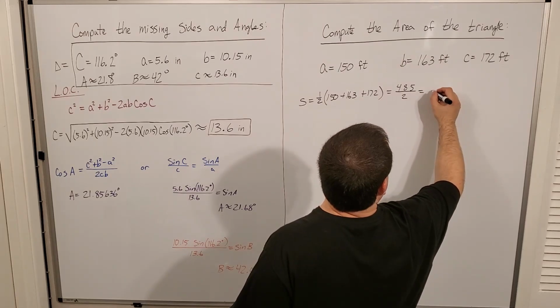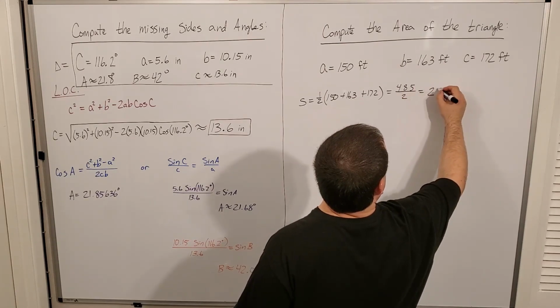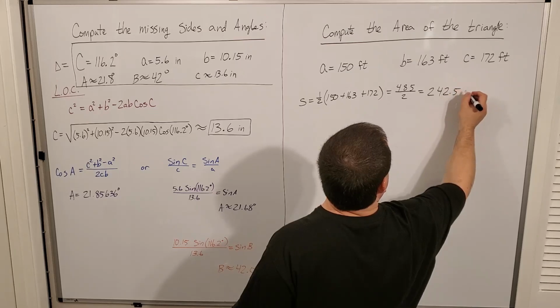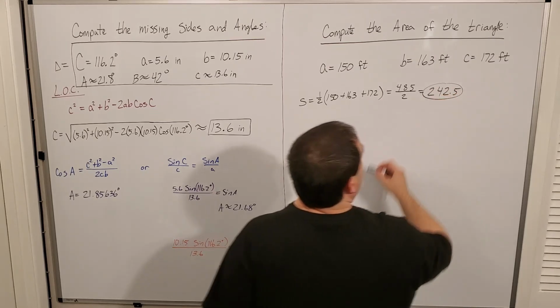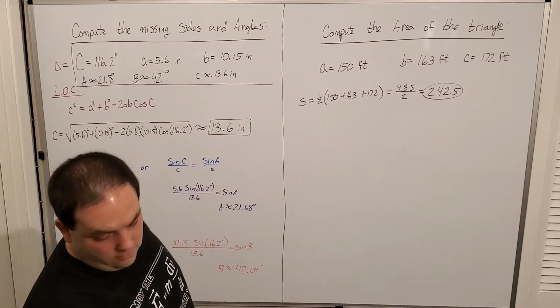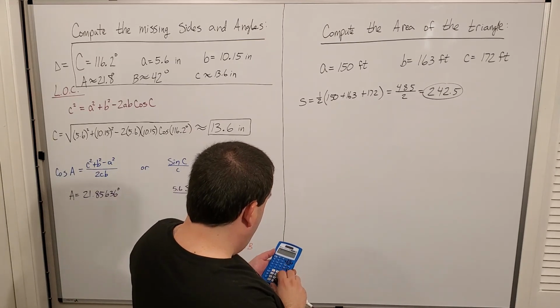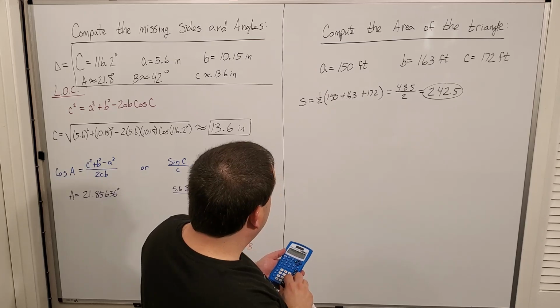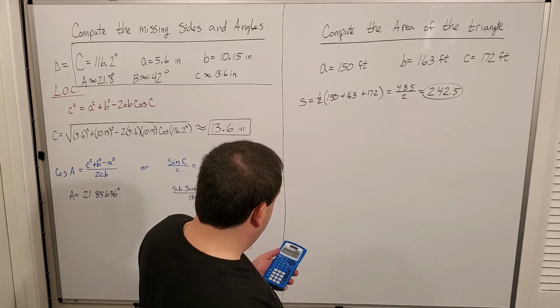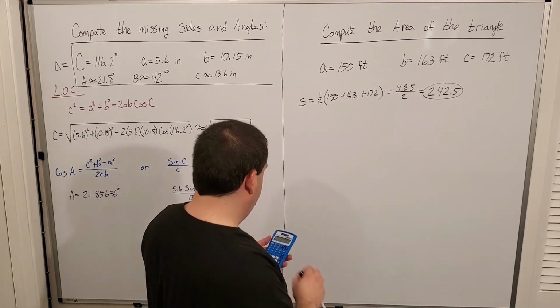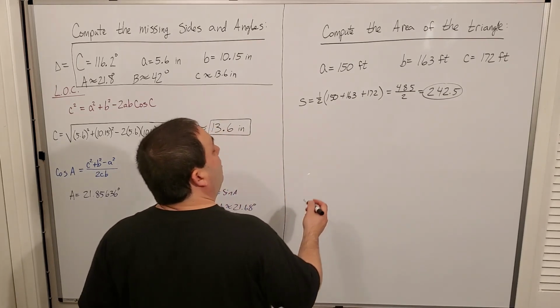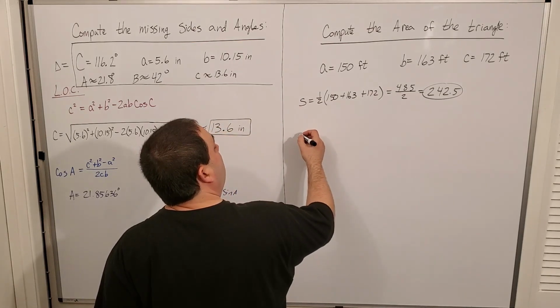Okay, so that's going to be 242.5 for the semi-perimeter right there, right? And of course, as usual, because I'm going fast, I want to double check myself. Plus 163 plus 172, right? Okay.